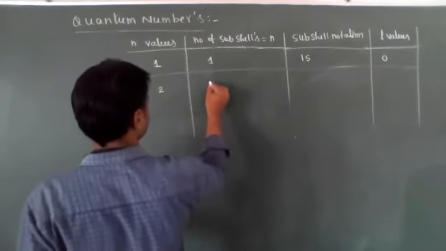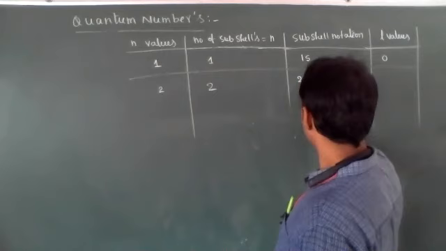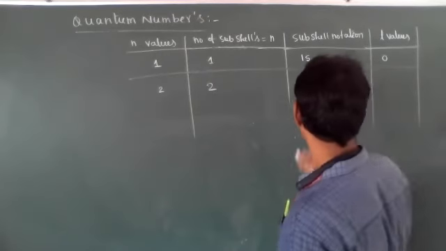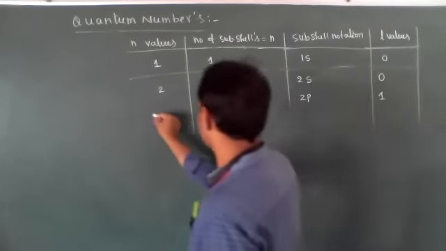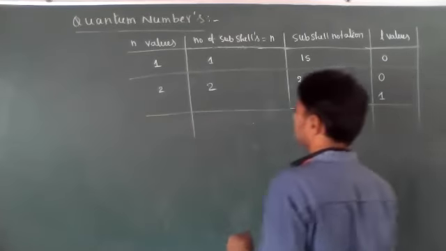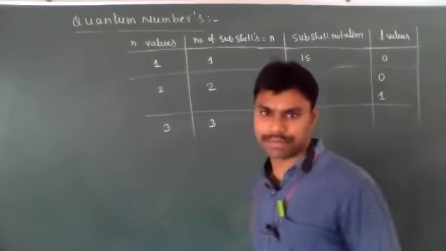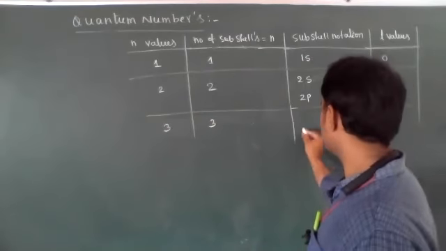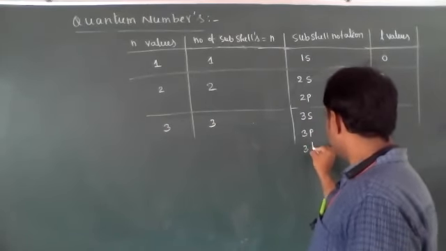Next, n equal to 2. Two subcells are present, with notations 2s and 2p. For 2s, the L value is 0, and for 2p it is 1. Next, n equal to 3, three subcells are present: 3s, 3p and 3d.